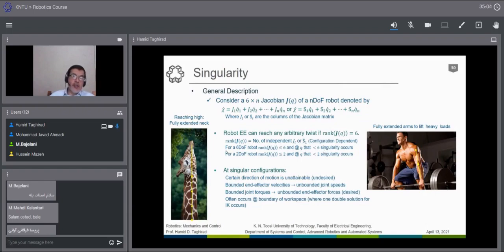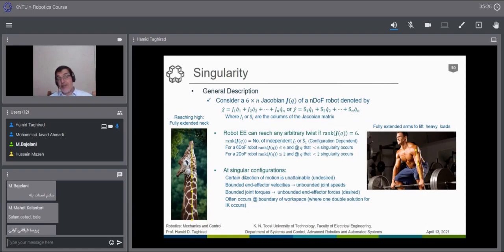For example, for a 2-degree of freedom robot, the same thing can happen if the rank becomes smaller than 2, like the previous example that we had. Then we have the singularity configuration.